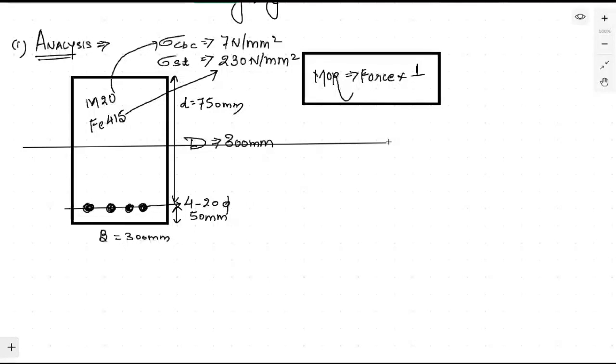While developing that moment, the beam will also develop some internal forces. Let's say that we have applied a sagging moment. In that case, the forces will be compressive above the neutral axis and tensile below the neutral axis.